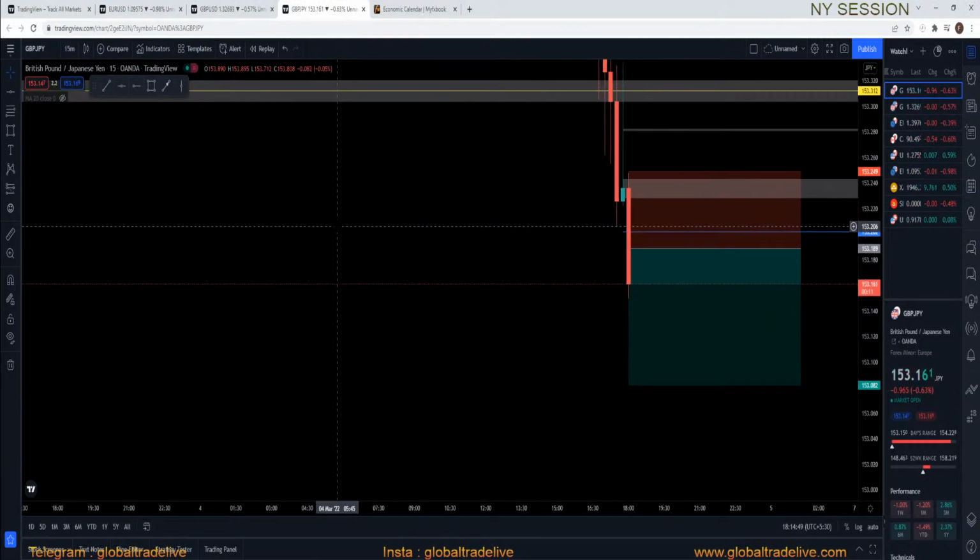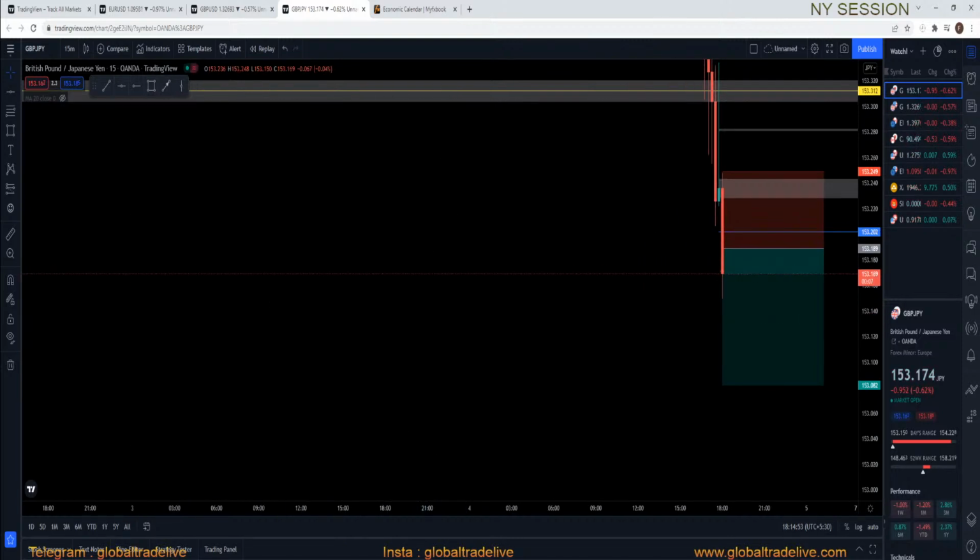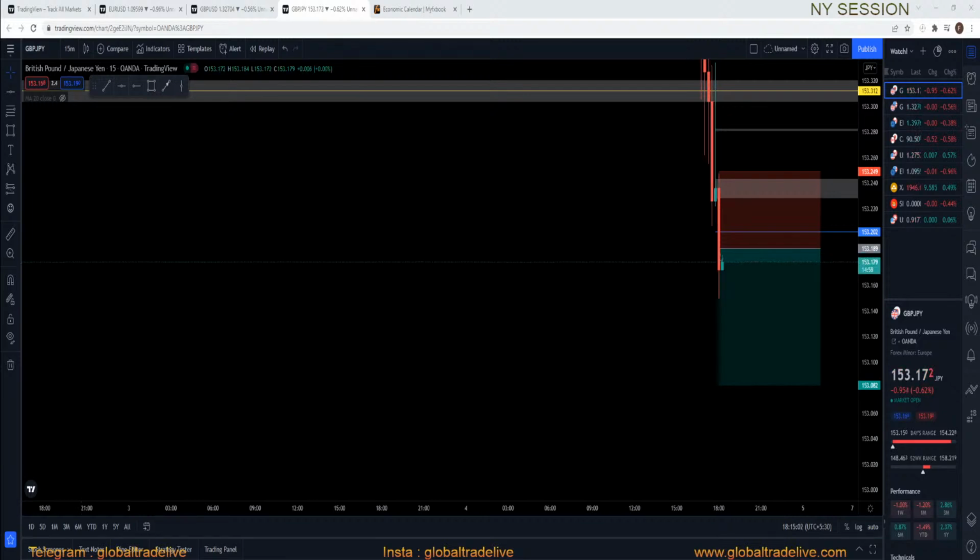So the 15-minute candle is about to close over here in like 10 seconds. Let's see how this candle will be closing. Okay, it went down in like 4.4 pips. So the 15-minute candle just closed over here.